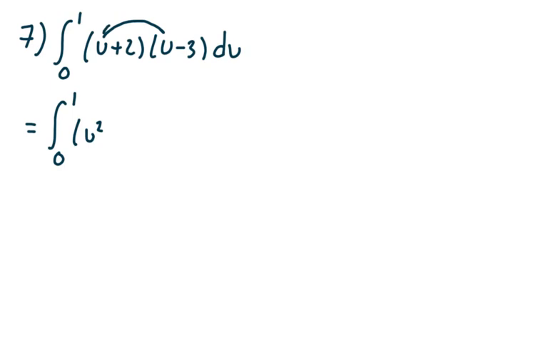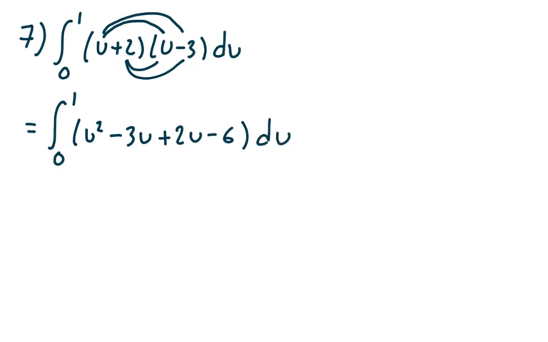Then I'm going to go minus 3u plus 2u minus 6 du. So I FOILed that out, right? And so this is the integral from 0 to 1 of u squared minus u minus 6 du.